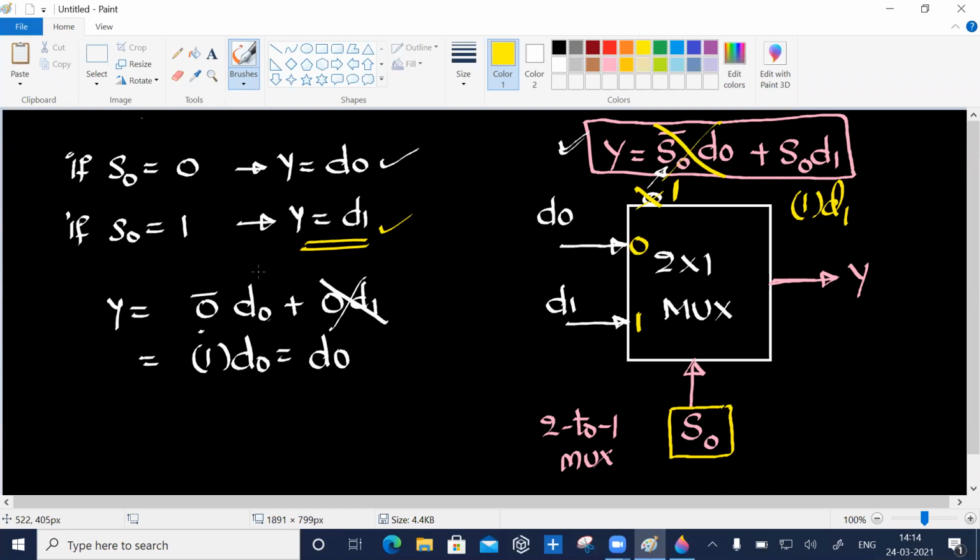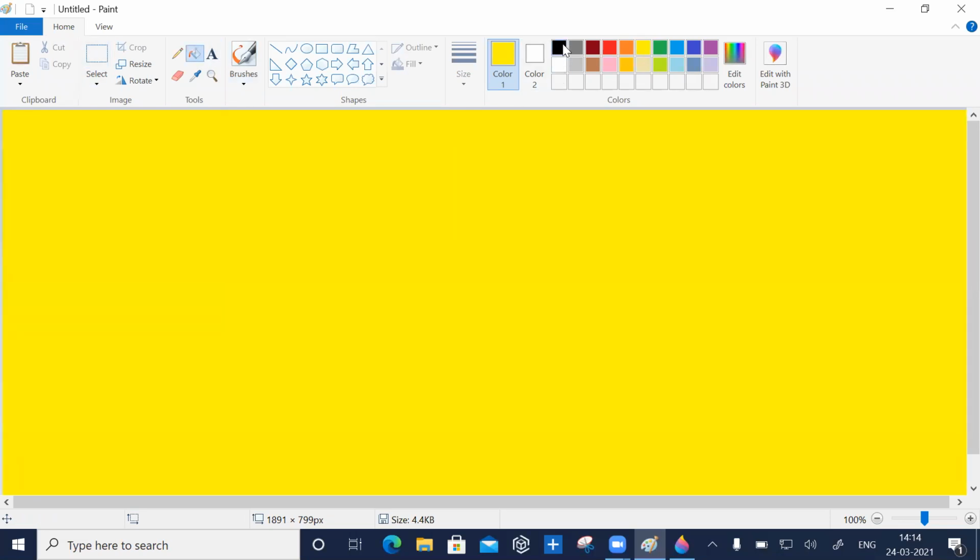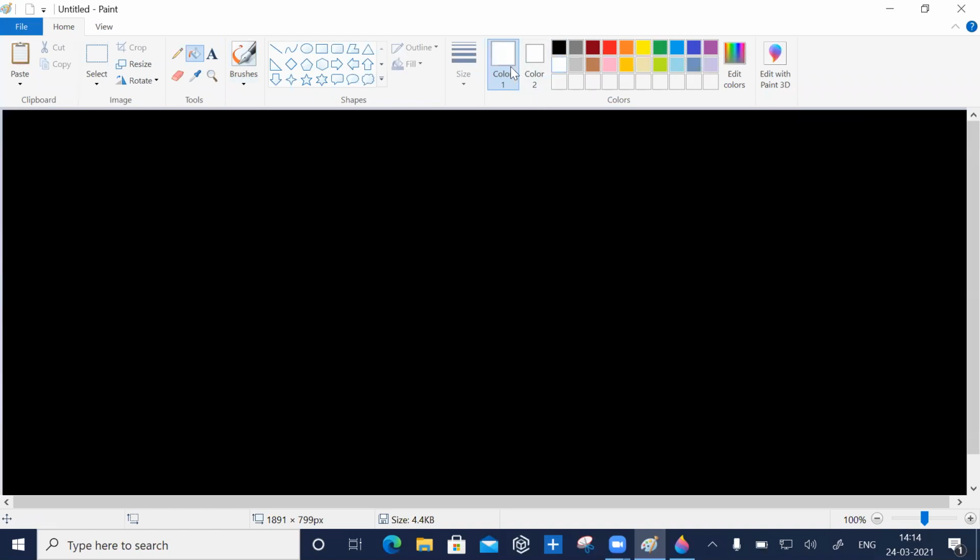Now, the multiplexer, whatever you're seeing here, is also called a many to one circuit. What is the meaning of many to one?